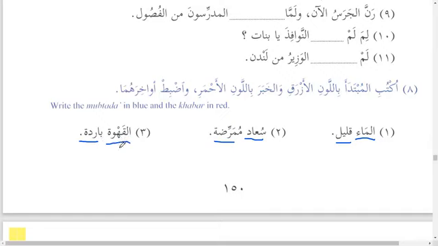Why is qahwa the mubtada? Because the mubtada is normally a definite noun and the khabar an indefinite noun. Both of them are marfu and equal in number and gender. Al-qahwatu is feminine, that's why the khabar is also feminine.